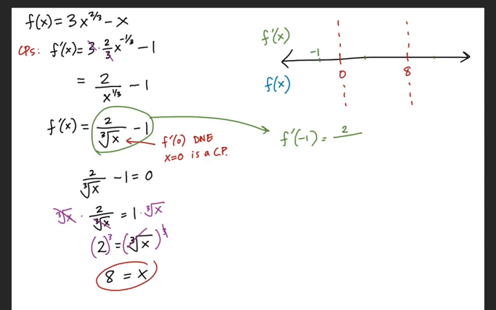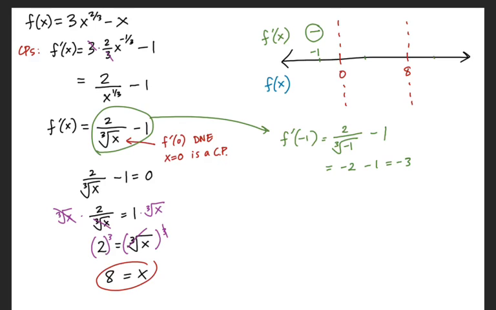So 2 over the cube root of, plug in negative 1. The cube root of negative 1 is negative 1, so this is negative 2 minus 1, I get negative 3. And again, I don't really care that that's a negative 3, I just care that that's negative.